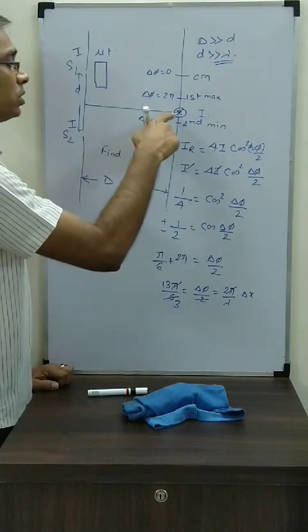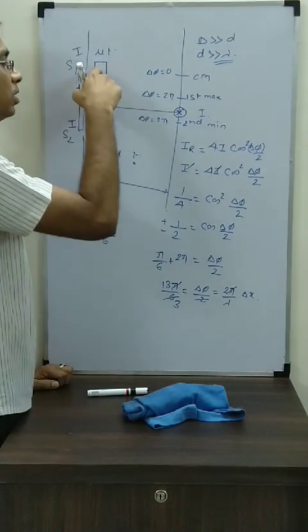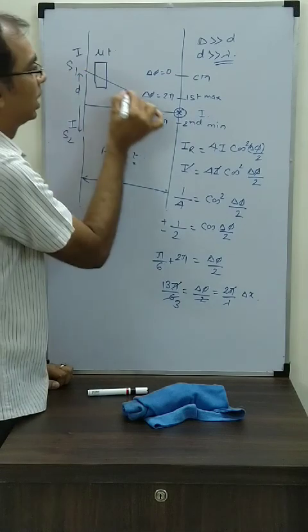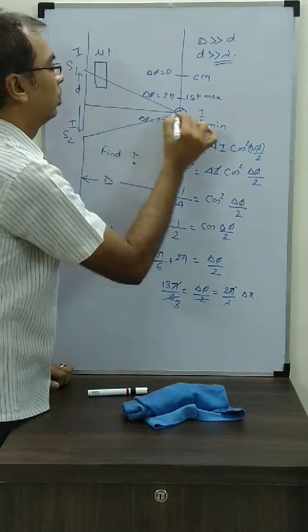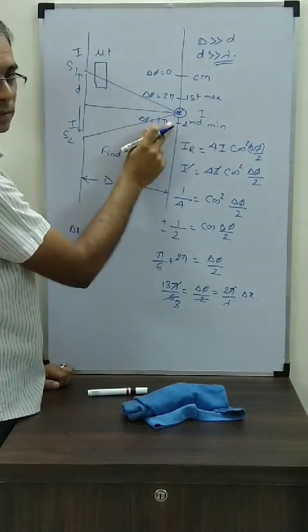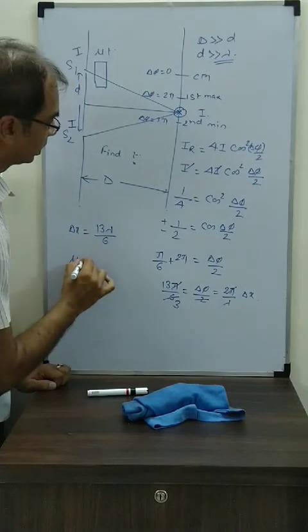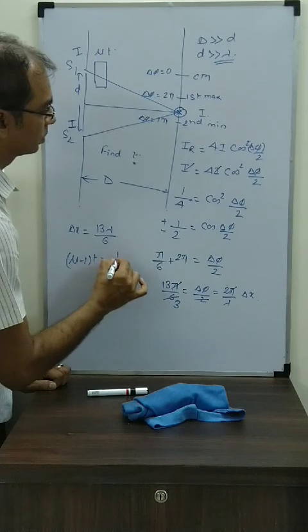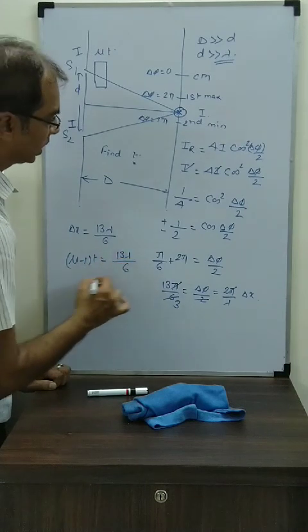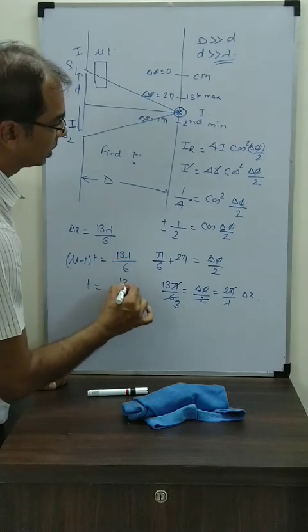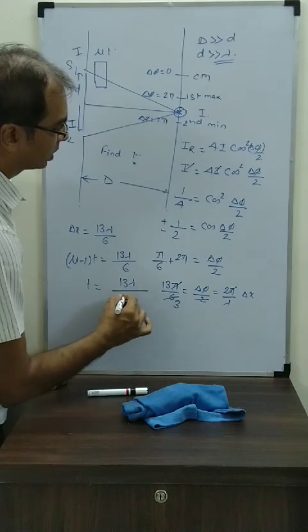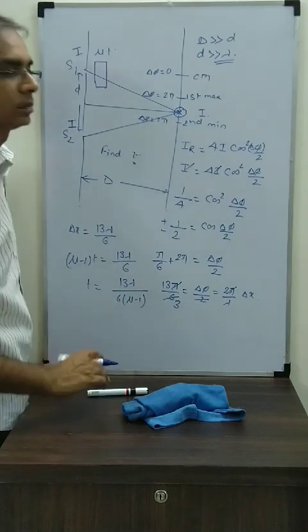And who has produced delta x over here? It's because of this glass slab. Because otherwise, there is no path difference over here. Because of this only the path difference has come. How much? Mu minus 1 into t. So since t is asked from us, t value is 13 lambda by 6 into mu minus 1.